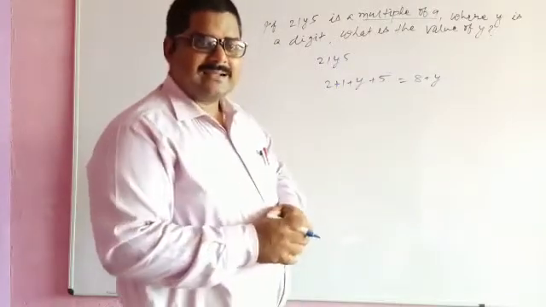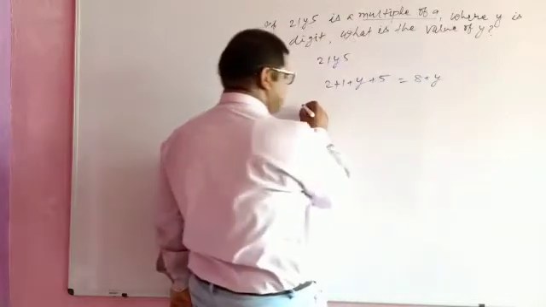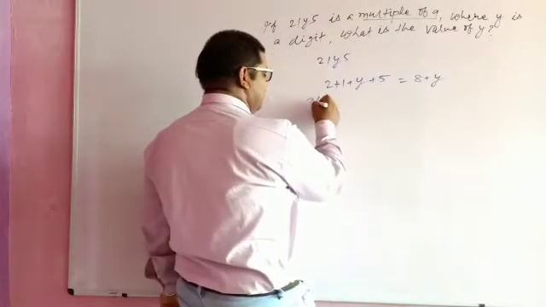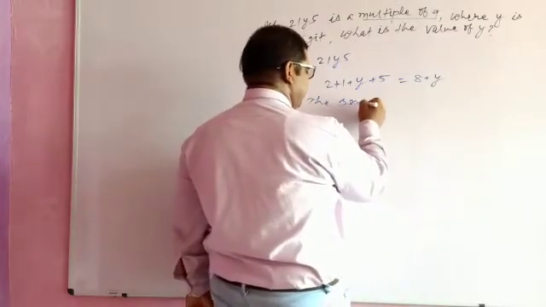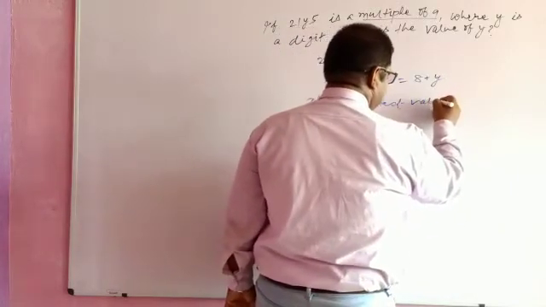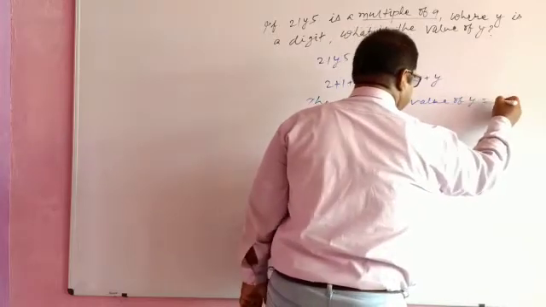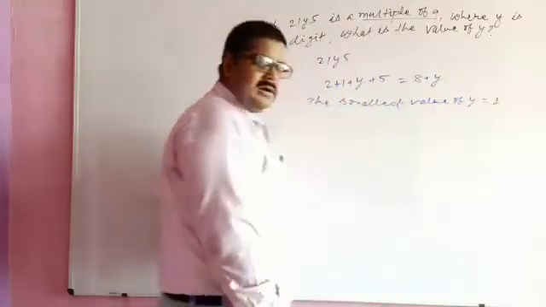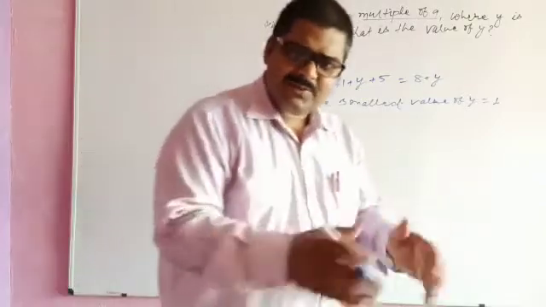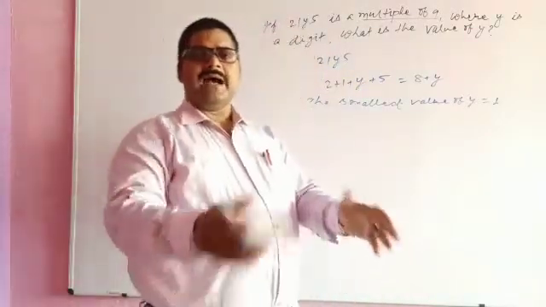So what least number is possible? You have to just write the smallest value of y is equal to 1. Because when y is equal to 1, then this number must be divisible by 9.